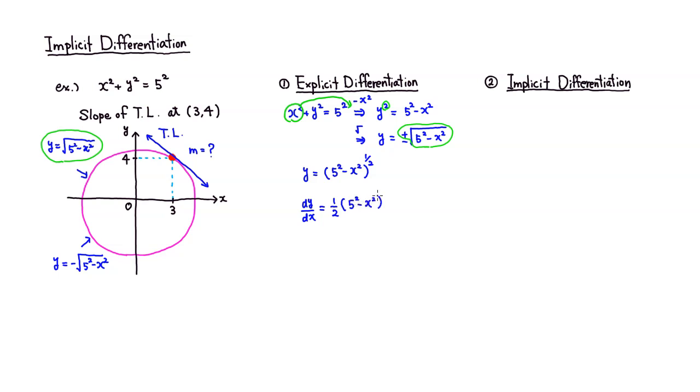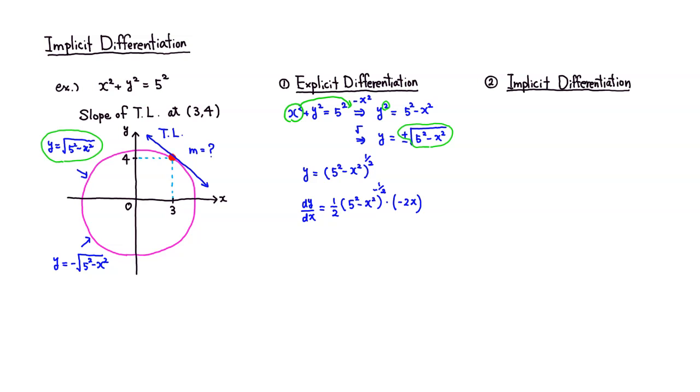Since it's a power rule, subtract 1 from 1/2, and it's going to be negative 1/2. But because of the chain rule, multiply by the derivative of the inside. The derivative of 5 squared is 0, since it's a number. The derivative of negative x squared is negative 2x.